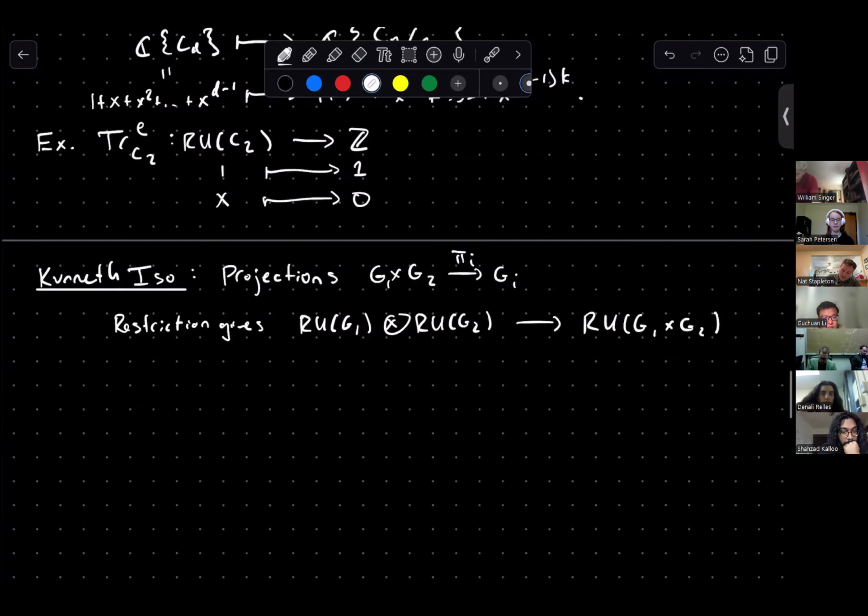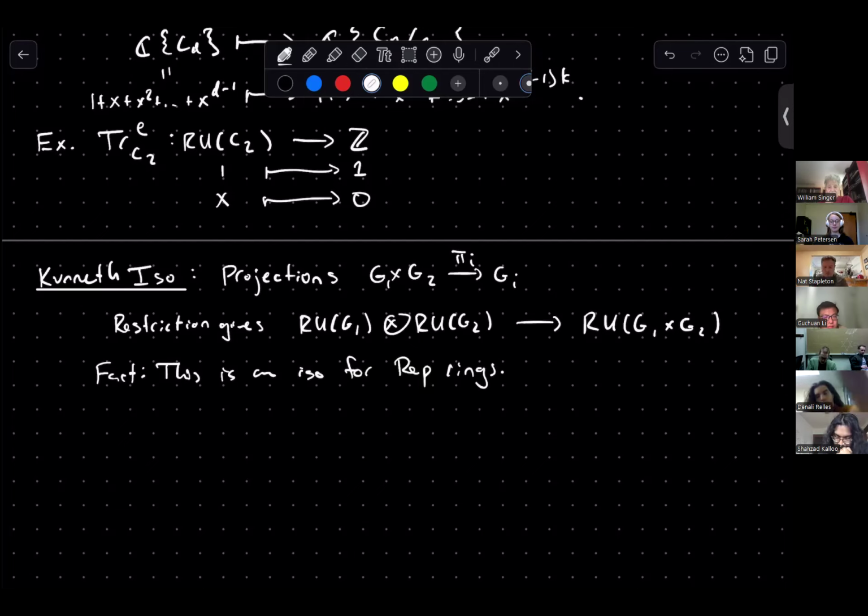So here's a fact: this is an iso for representation rings. In general, there's absolutely no reason to imagine that such a thing is an isomorphism. But for representation rings, it always works. This map that you always have is in fact an isomorphism.